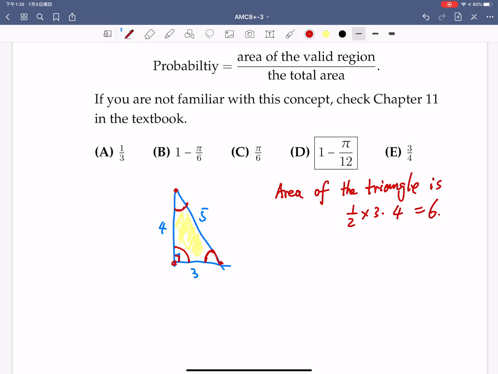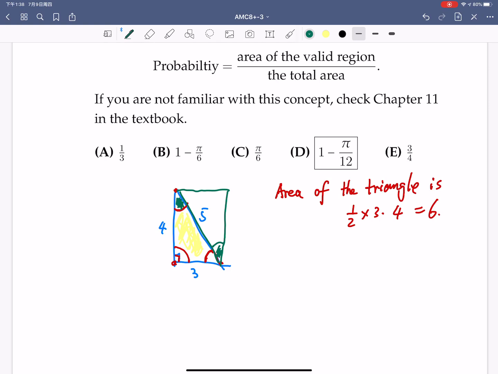How do we compute the area of this sector plus the area of that sector? What we can do is draw the following picture. We draw a rectangle, and then we get that the green triangle is congruent to the blue one. By symmetry, the area here would be the same as the area here.